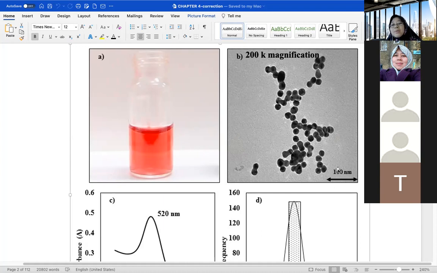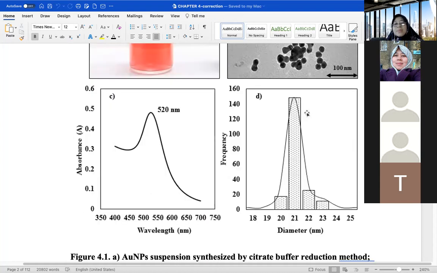Here you should know the scale. People should at least be able to estimate the scale of the nanoparticles here. So this means that we have very well distributed nanoparticles formed from the process.